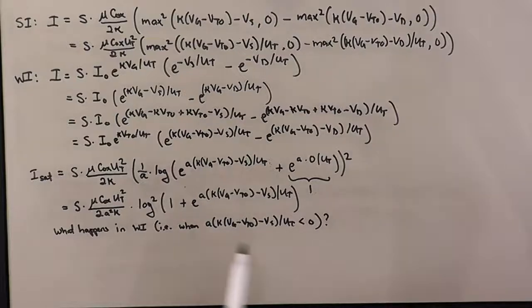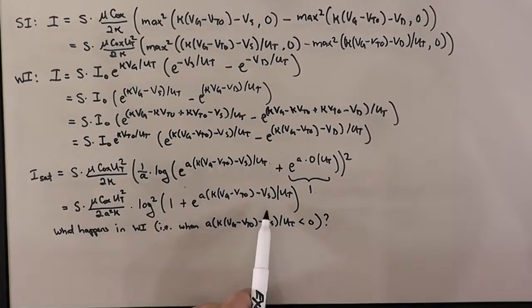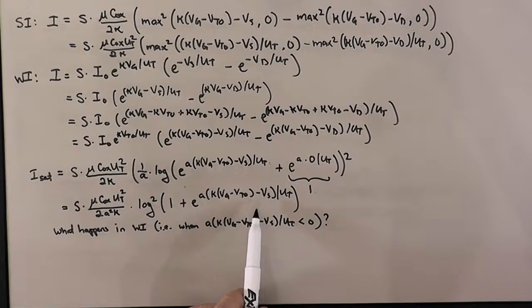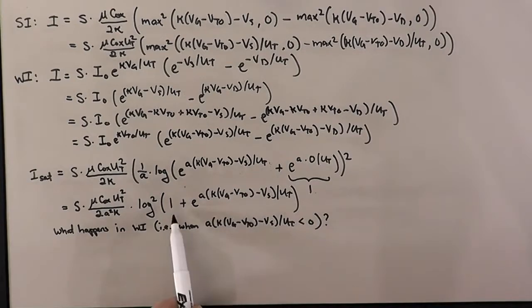Well, if that's less than 0, then this second term here is going to be a very small number. Very rapidly it's going to become a number that is much less than 1.